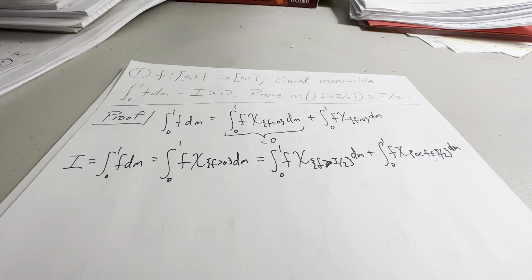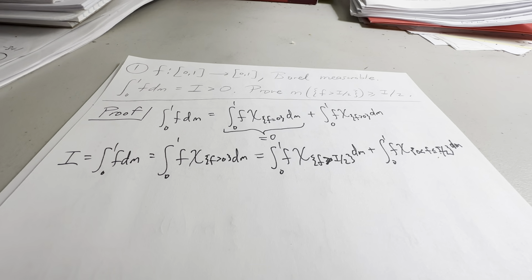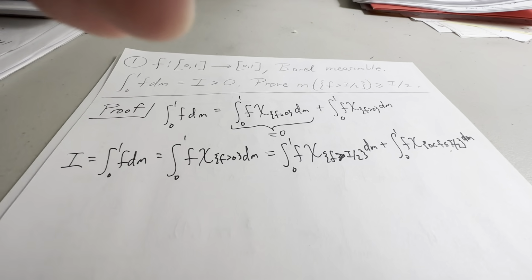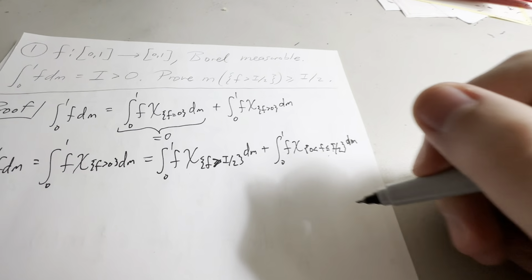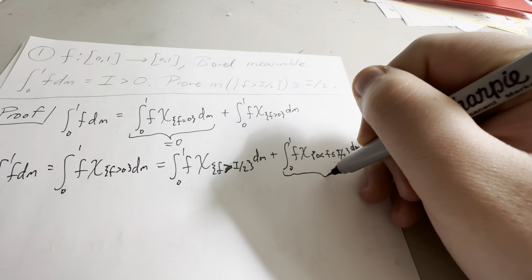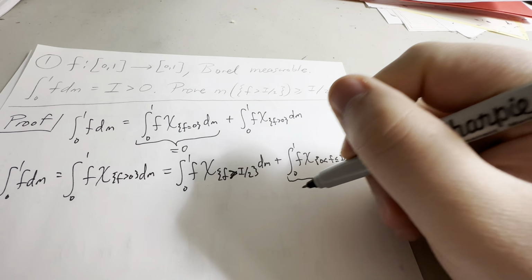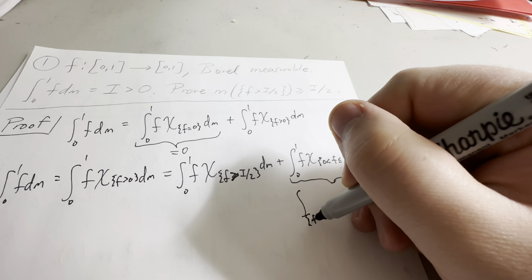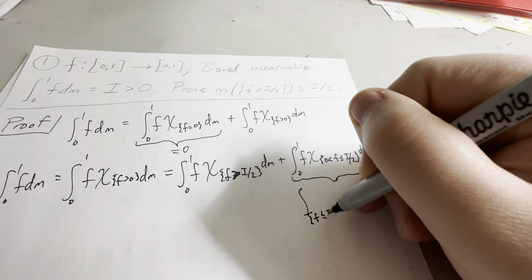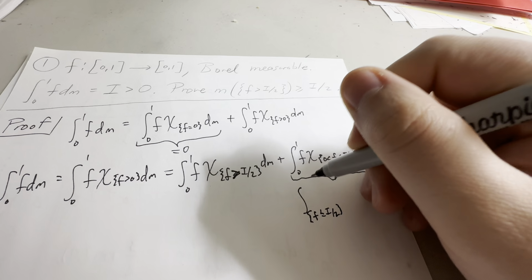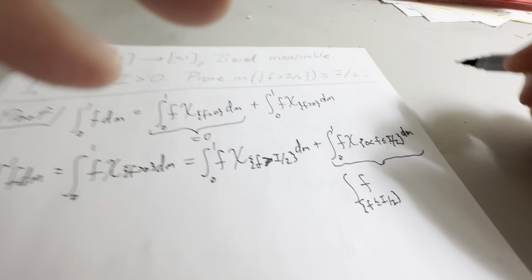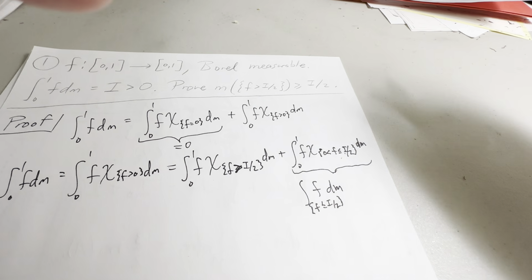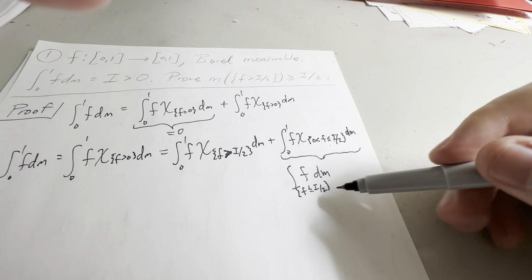Okay, so what do we do now? Well, we notice that this integral here is the same as the integral over the set f less than or equal to I over 2 of f.